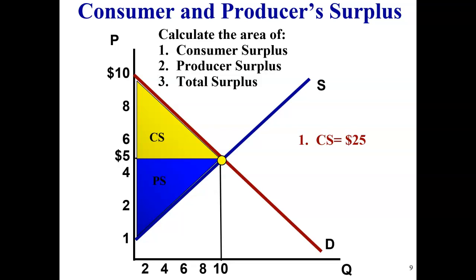We're just looking at some different numbers, but you could quantify producer surplus at $20, and that's how it would be measured in dollars. The difference between 1 and 5 is 4. 4 times 10 would then be divided in half, and you'd get the producer surplus of 20. Our total surplus, of course, is $45. Okay, so that's a way of looking at consumer and producer surplus.